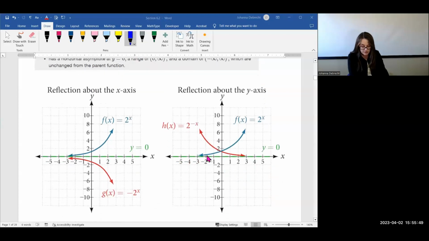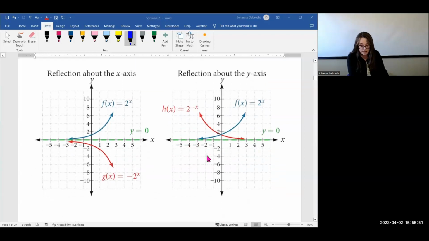Now let's talk about a reflection about the x-axis and about the y-axis. Reflections are like stickers again, but instead of just peeling it off and setting it down somewhere else, you're peeling it off, flipping it over, and setting it back down. Why are you flipping it over? The x-axis or the y-axis?